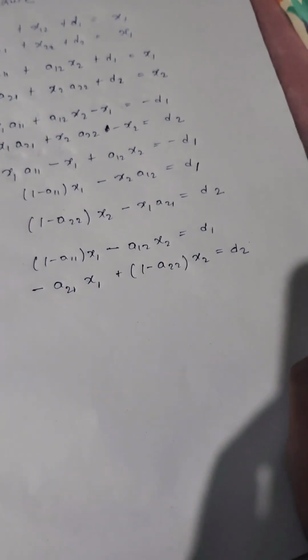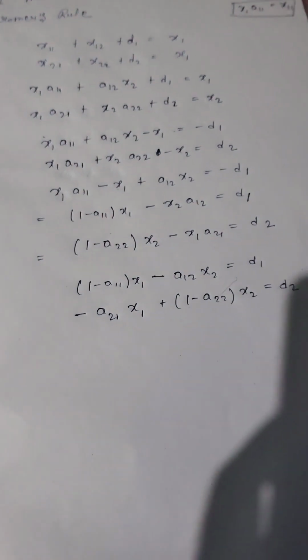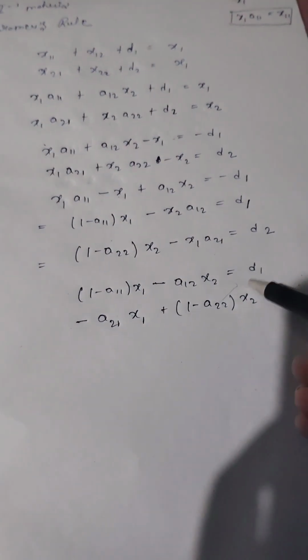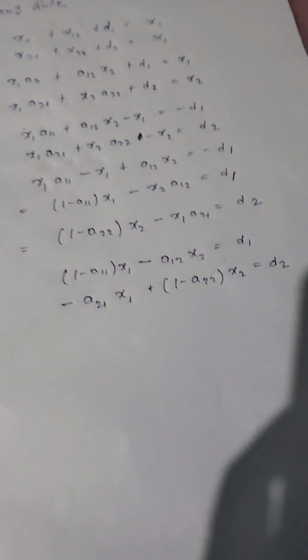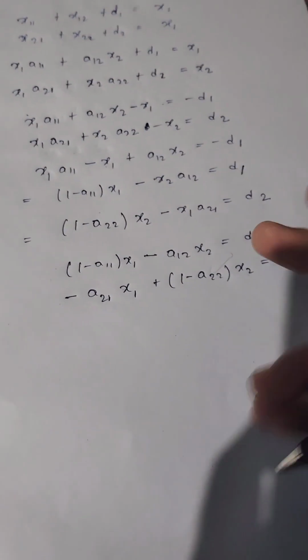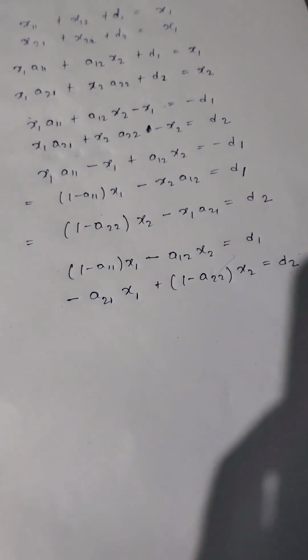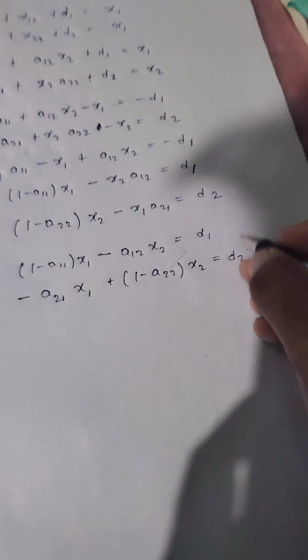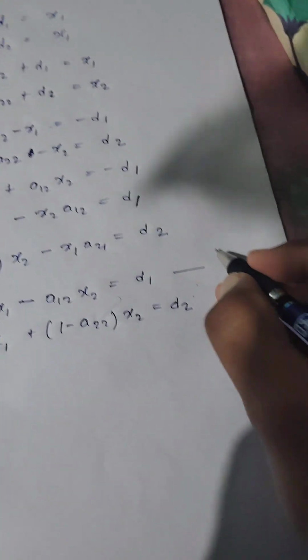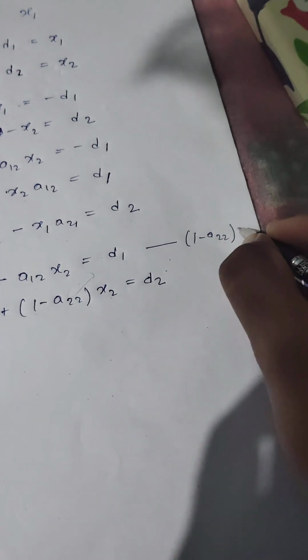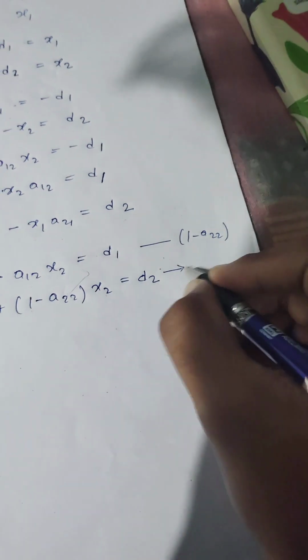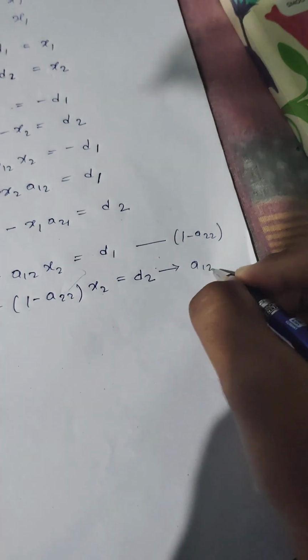Now we will use the substitution elimination method. First we have to take out the LCM. If we have common factors, we multiply the terms with that one or two equations so we can match up the two equations. So in order to match up, we will multiply this equation by 1 minus A22 and this equation by A12.